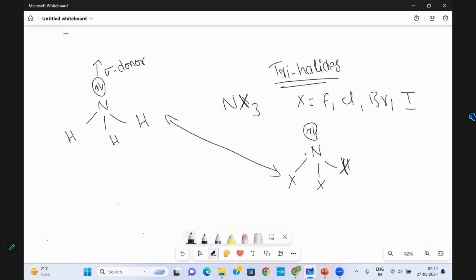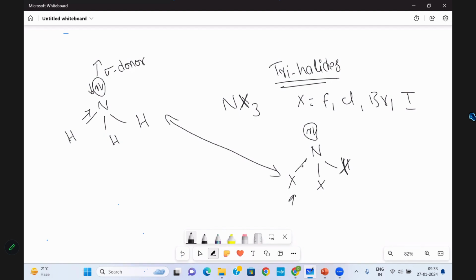Because F is more electronegative, so it pulls. Yes, that's good. Remember, hydrogen is almost neutral. The directionality of the bond from hydrogen to nitrogen is towards the lone pair side. But in NX3, where X is a halide, especially fluoride, these are highly electronegative halogen atoms. Rather than giving, they take.